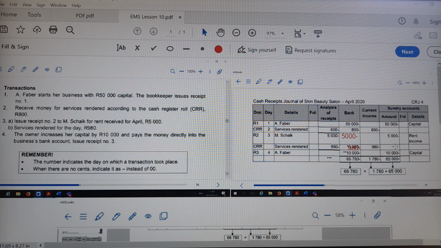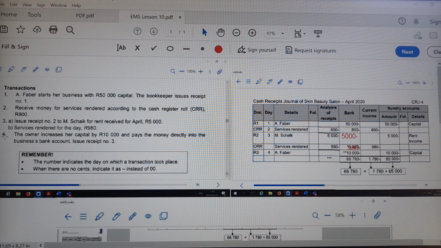So we won't put the services rendered, because current income is here, so we don't put it here. Okay, so there is no capital here, so we put it on the sundry account, and there is no rent here in this column, so we put it on the sundry account. But the current income, it's here, we put it here, and we don't put it again on the sundry account. I hope you understand this, but we will see it as we do the example.